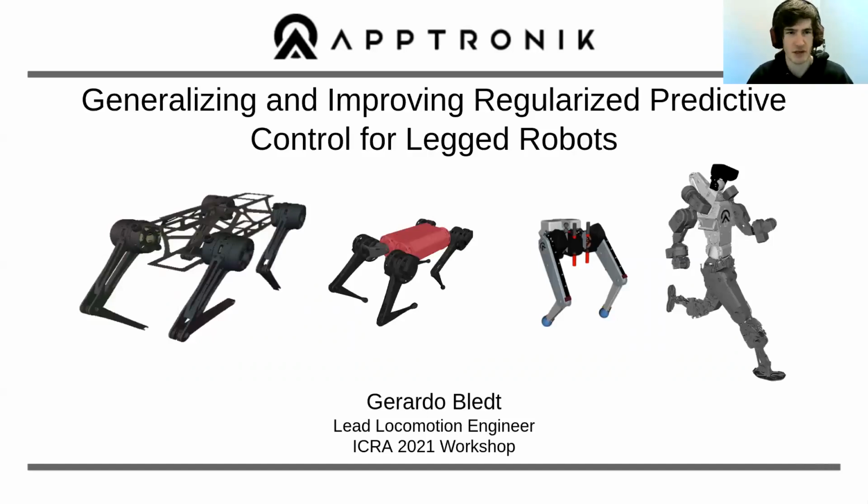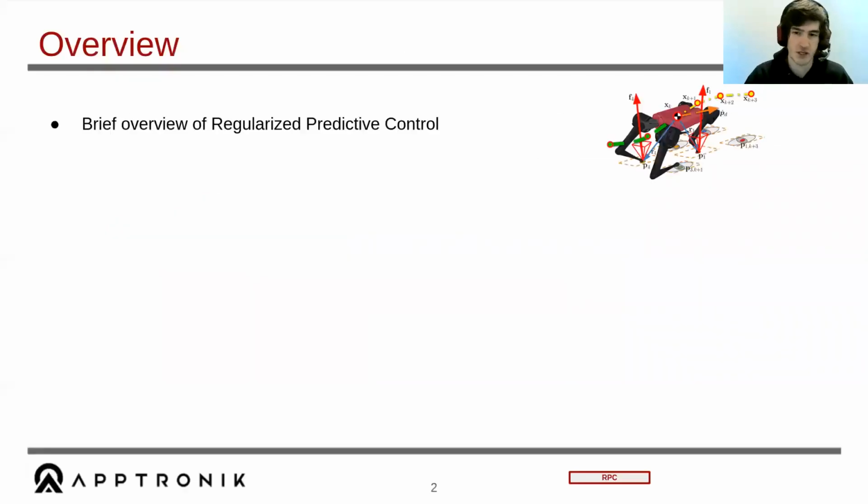Today I'll be talking about generalizing and improving the regularized predictive control algorithm that I developed during my PhD, taking it a step beyond what I've shown in the past on Mini Cheetah, and how you can generalize that to things like bipeds, humanoids with non-point feet, and how to integrate vision, extending from the work that I've done previously.